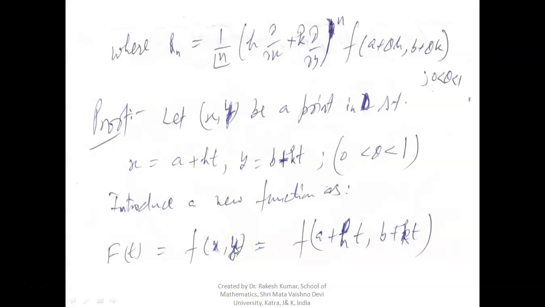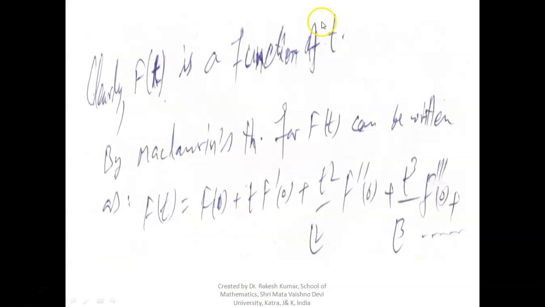Let f(x,y) be equal to F(t), written as f(a+ht, b+kt). So clearly F(t) is a function of t now. So by Maclaurin's theorem, F(t) can be written as F(0) + t F'(0) + t²/2! F''(0) and so on.